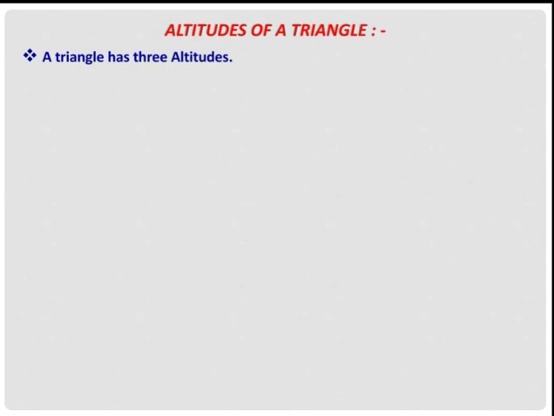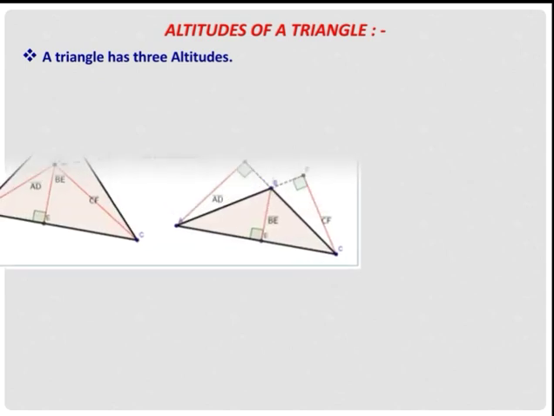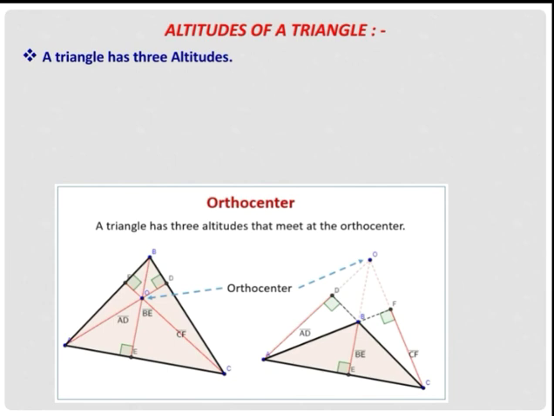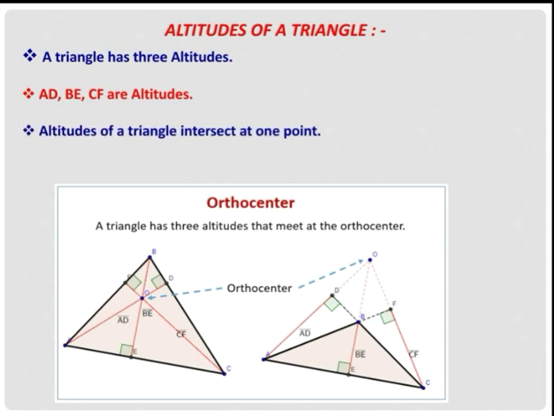A triangle has three altitudes. In this figure, we can observe that here AD, BE and CF are altitudes. Altitudes of a triangle intersect at one point, and this point of intersection is called the orthocenter.